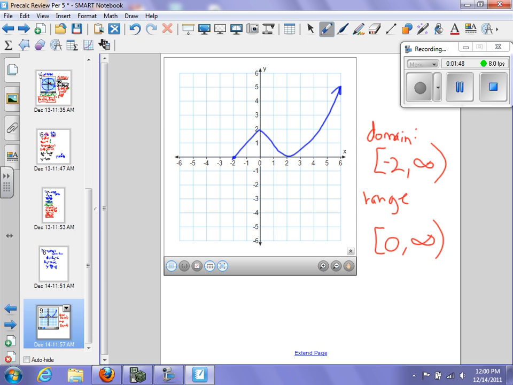Intercepts. Well, intercepts is where I have either x equals 0 or y equals 0. So I have x-intercepts, which is where y is equal to 0. I have one here, an intercept at (-2, 0). I have another x-intercept over here at (2, 0).